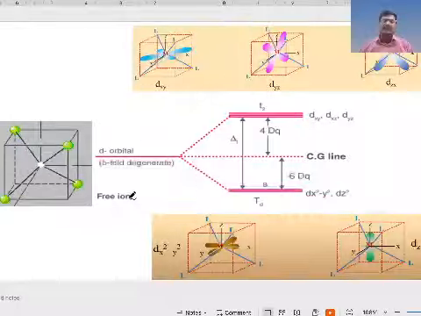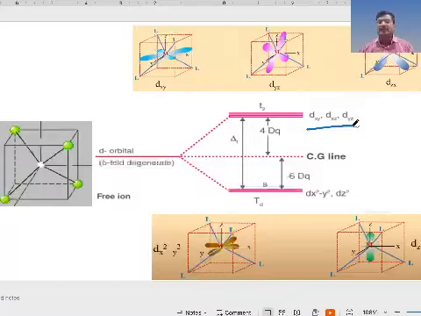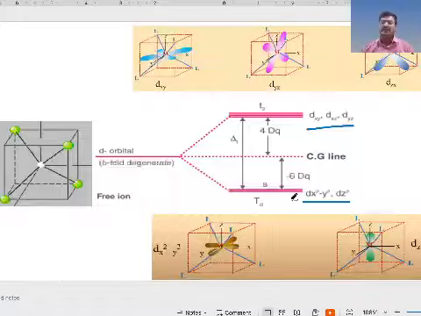In the case of the tetrahedral, the orbitals split into two energy levels. The higher energy level has dxy, dxz, dyz, and the lower energy level has dx square y square and dz square. It is exactly opposite to the octahedral. So why are we getting this?